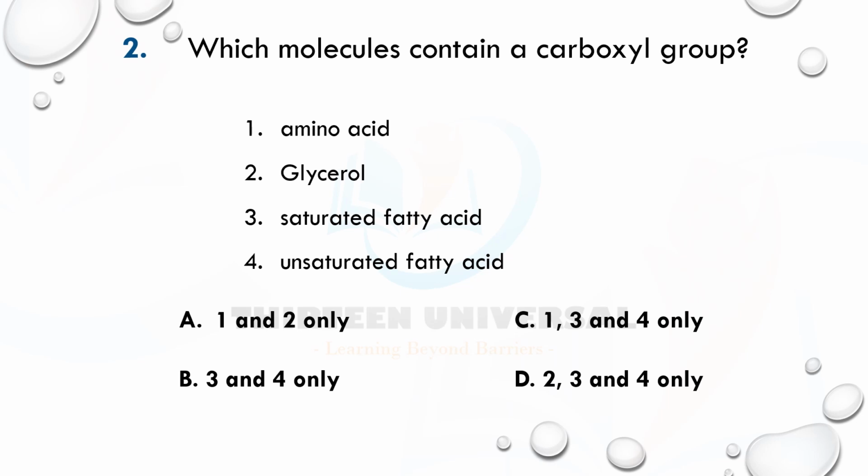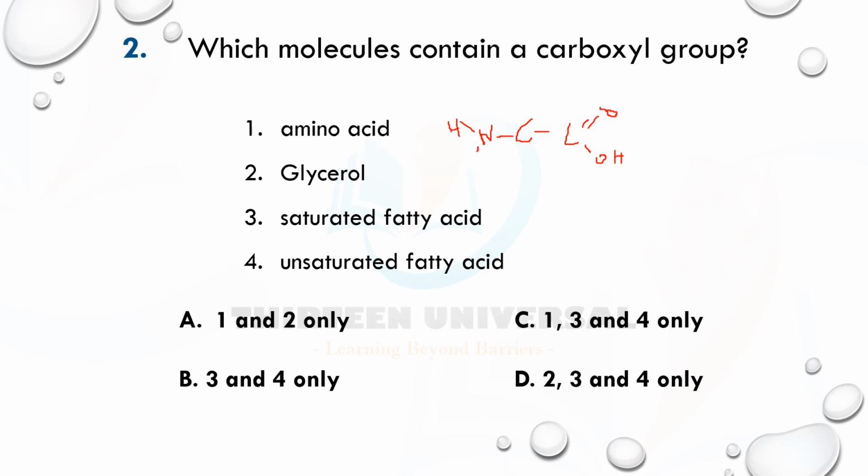If you remember the structure of amino acid, this is the structure of amino acid. This is the carboxyl group. So amino acid has a carboxyl group at one end, and of course it has an amine group, which is NH. Sorry for the slow writing, but watch this.